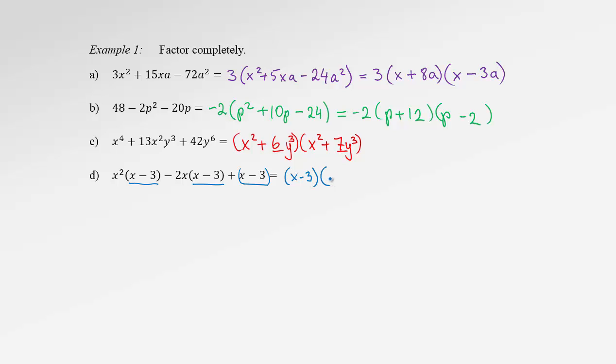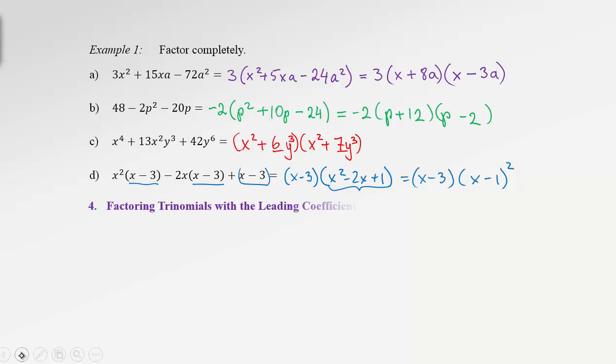And in the remaining bracket we have x squared minus 2x plus an invisible 1. So x squared minus 2x plus 1. However, you probably recognize that this trinomial is actually a perfect square. It is a perfect square of x minus 1. So that's our final factored form.